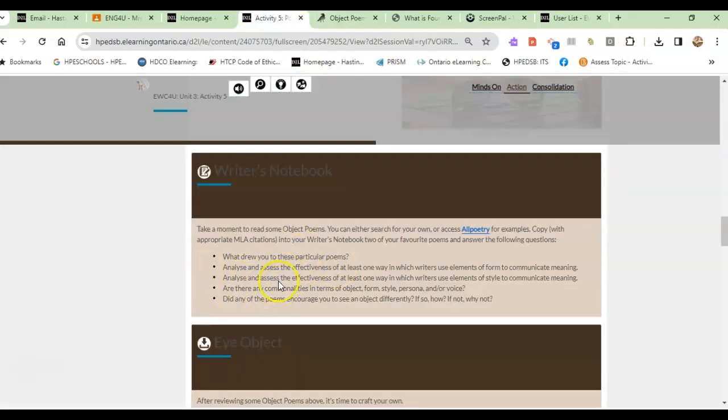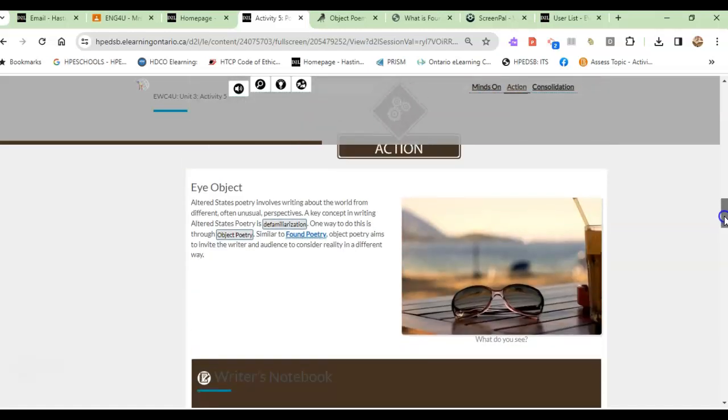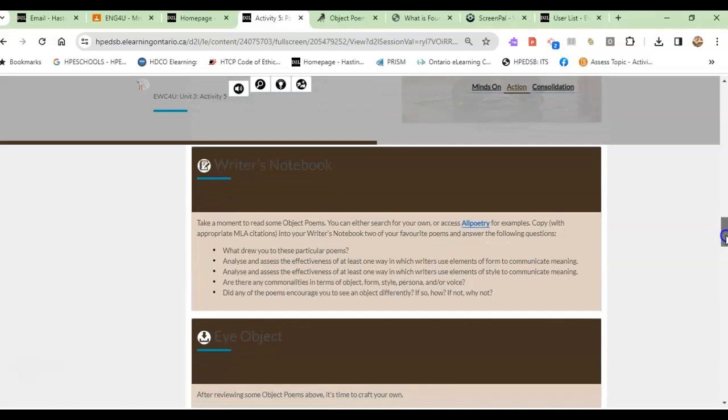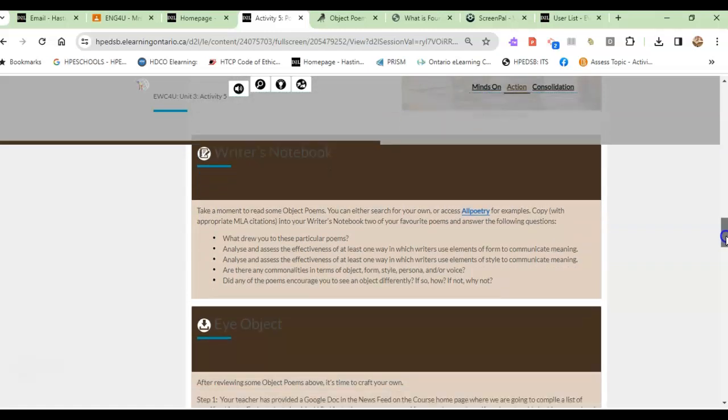Now, this is just for your own notes. You're encouraged to look through there and what poems did you read? What ones picked out? Is there any that sort of helped you shape your idea? So all of this information from here above to object in the content is helping you understand what an object poem is all about.